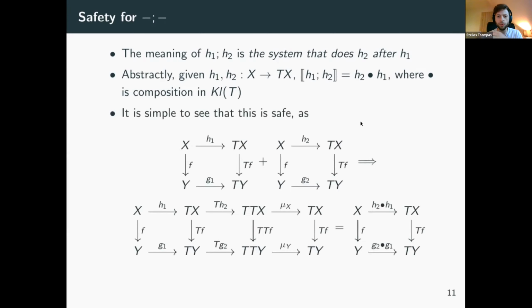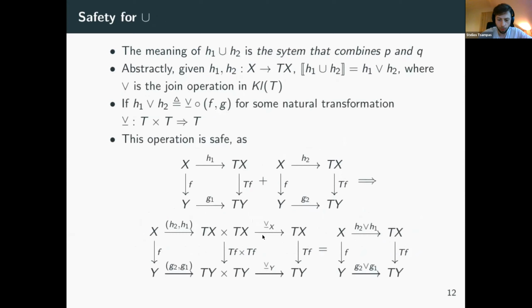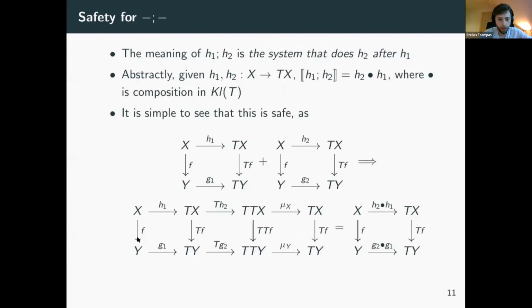So how can we do this? Well, it's pretty simple. Say that you have F, which is a bisimulation between H1 and G1, and between H2 and G2. So now if we do a Kleisli composition, H2 after H1 and G2 after G1, all of those squares here commute.